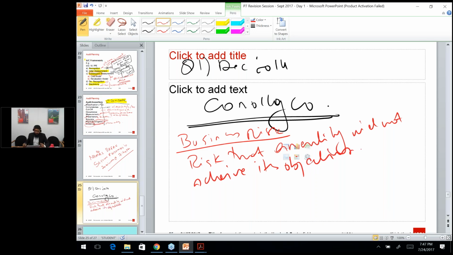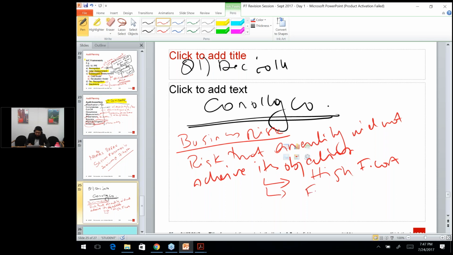A lot of things could lead to an entity facing a business risk. Let's say there is a company which has a high fixed cost. High fixed cost is a business risk. Why? It could have an adverse impact upon the business, because when you've got a high fixed cost, in times of crisis, when sales go down, it becomes very difficult to cover the fixed cost.